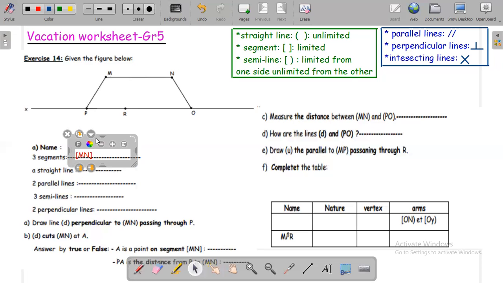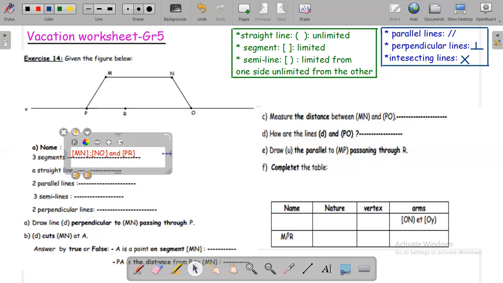Then, other than MN, we can name, for example, [NO], with brackets and capital letters. And for example, [PR], and we put brackets.